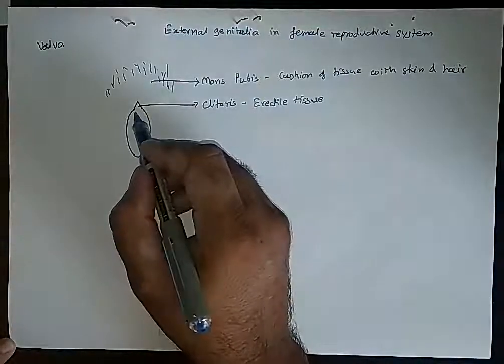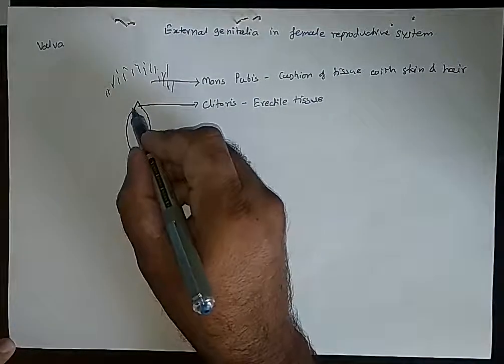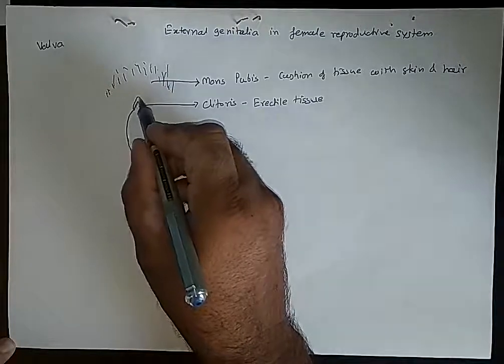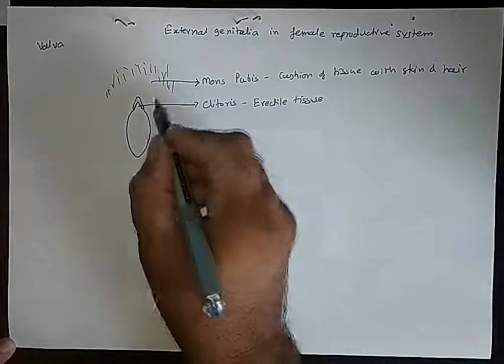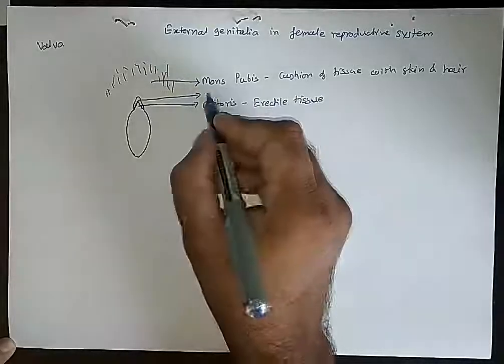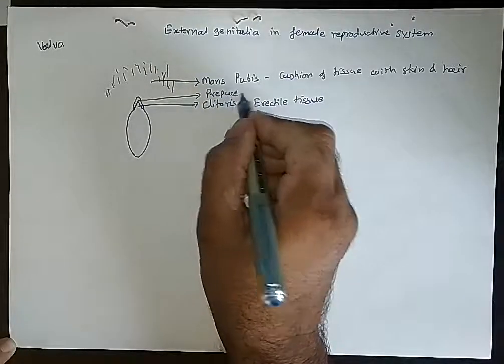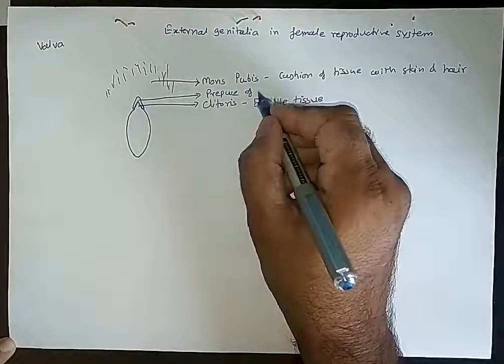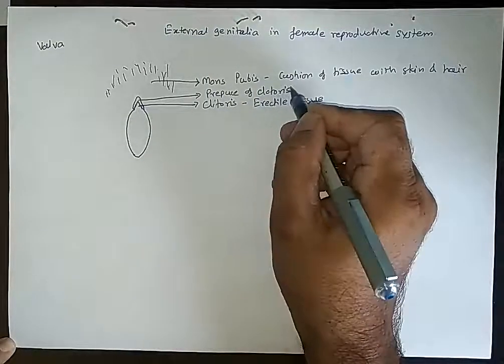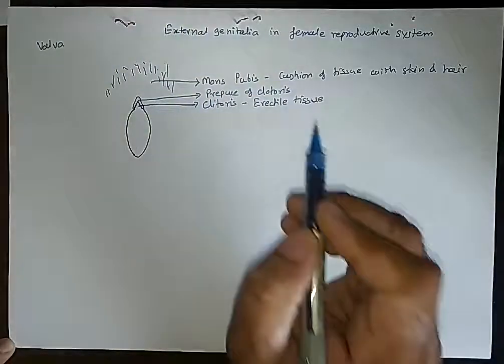On the top of this clitoris, there is a folding, and that folding is called the prepuce of clitoris. It covers the clitoris.